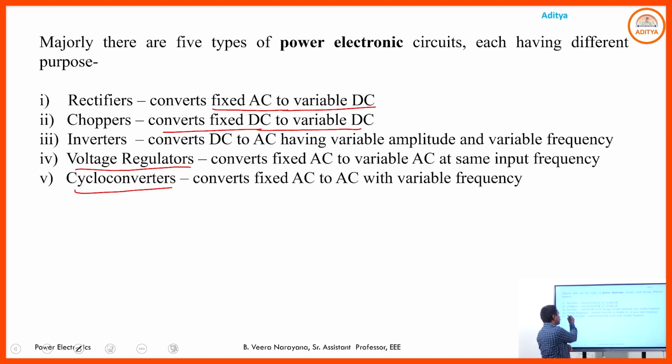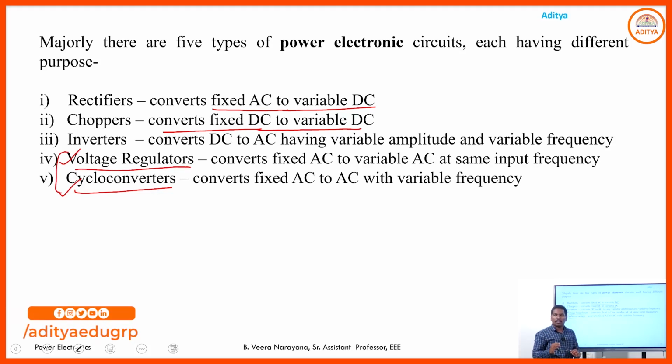If you go through the voltage regulators, here we change the voltage level, but the frequency must be maintained constant. If you go through the cycloconverters, the voltage is maintained constant, but the frequency level is changed. So these AC voltage regulators and cycloconverters together are discussed in the third unit.